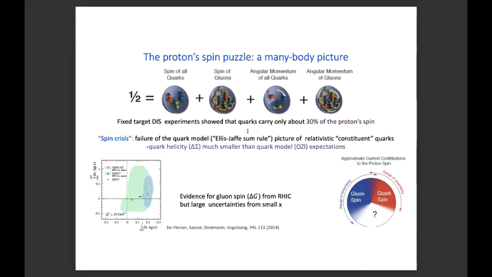The light green curve shows the situation before RHIC was turned on for polarized pp collisions for the gluon polarization. And this is the current status, where you see that there's evidence for a positive gluon polarization, but there's still a very significant uncertainty which needs to be addressed.